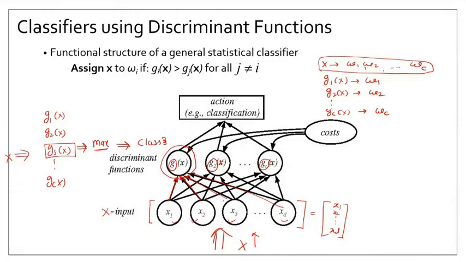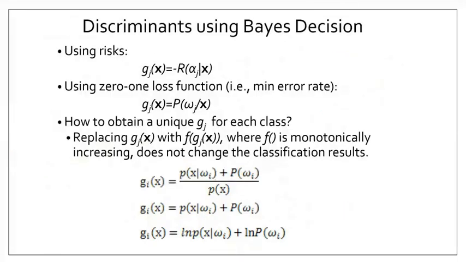Now let us see how we can obtain this G1, G2 and so on. Here we can use the Bayes decision procedure that we have already seen to find out these G functions shown in the earlier diagram.